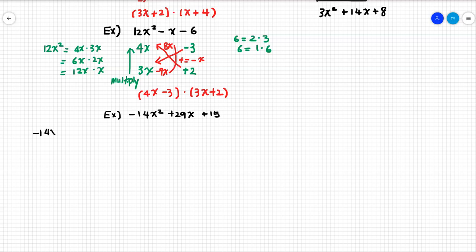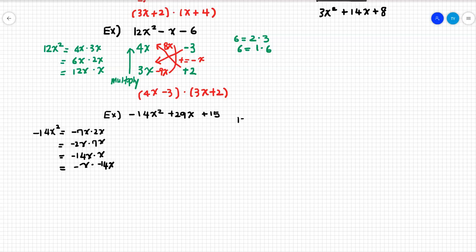We have 14x squared here, so I can say minus 7x times 2x, or I can have minus 2x times 7x, or I can have minus 14x times x, or I can have minus x times minus 14... times 14x. So we have quite a few combinations that we can try.